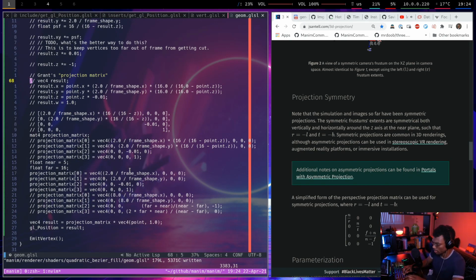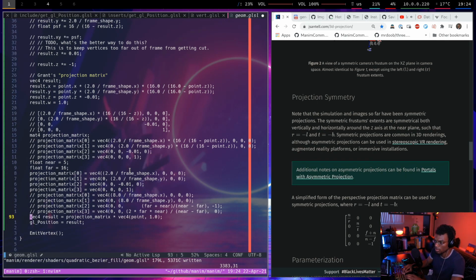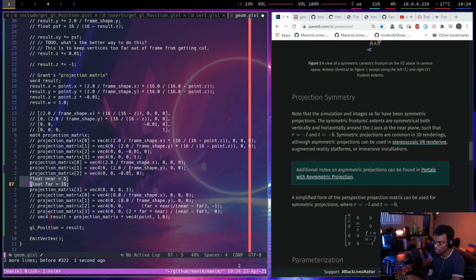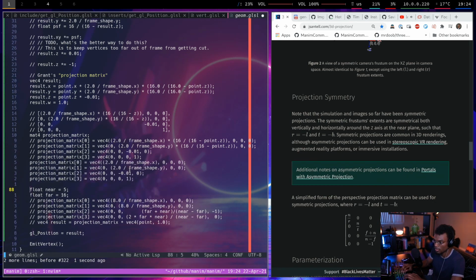All right, I'm gonna go back to this way of doing it. And I don't need the far, near plane should be here. I don't need them right now.